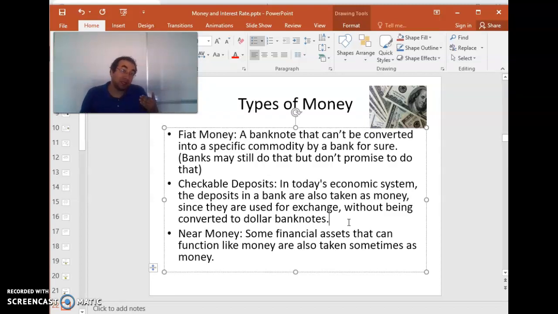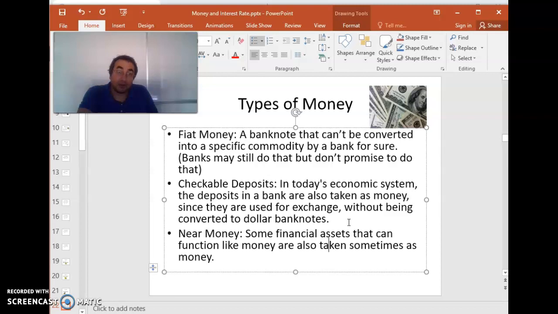If I have a government bond, I can sell that government bond to someone else. I can use it like money. So those things are called near money. So checkable deposits, and then you have near money as another type of money. This checkable deposit case will be, I believe, clearer in the coming parts. I will mention it again when that part comes.